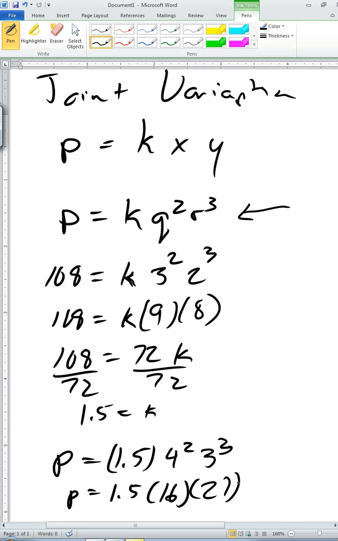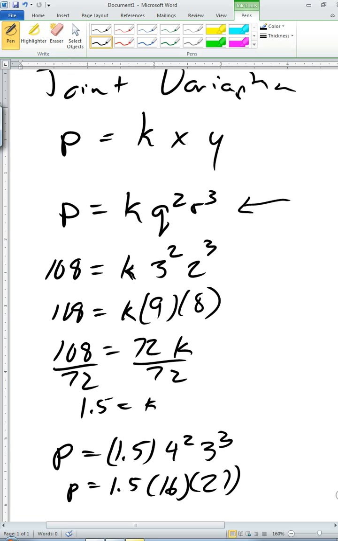And with that one, I'm going to pull out my handy dandy calculator here and see what I can figure that out to be. I do know that 16 times 1.5 is going to give me 24. However, I don't think I'm going to try and multiply 24 and 27 in my head tonight. But we do get an answer of 648.